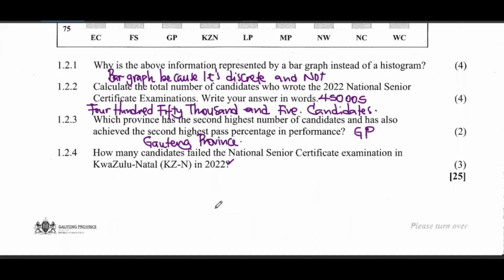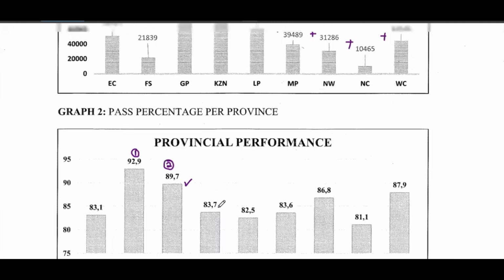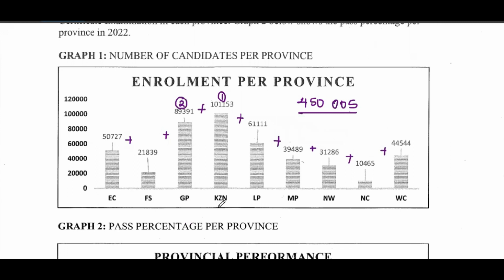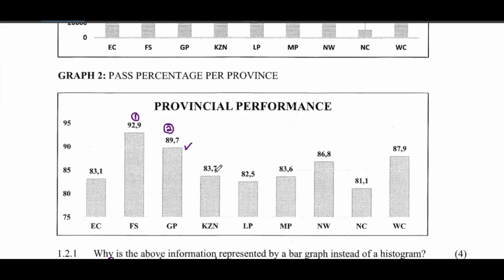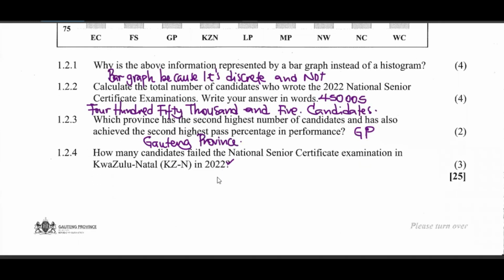First and foremost, KZN had 101,153 learners enrolled. Of these learners, 83.7% passed. So how many failed? You will take 101,153 learners minus 83.7% of the same number of learners.